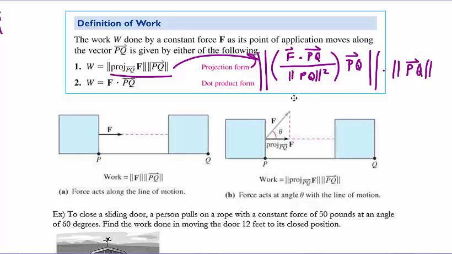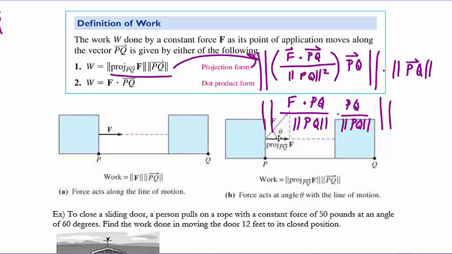If you really take this apart, I have F dot PQ over the magnitude of PQ times PQ over the magnitude of PQ, and I'm taking the magnitude of that. Well, the magnitude of this whole thing, we can ignore that part because it is a unit vector. A vector divided by its magnitude is a unit vector, right?